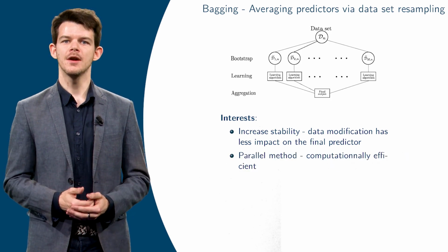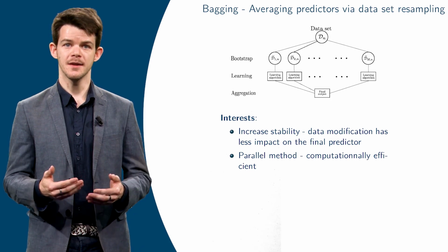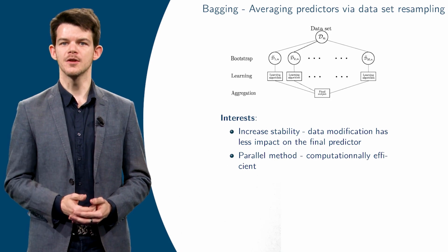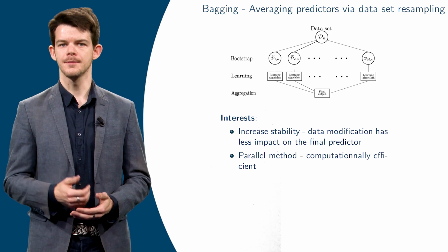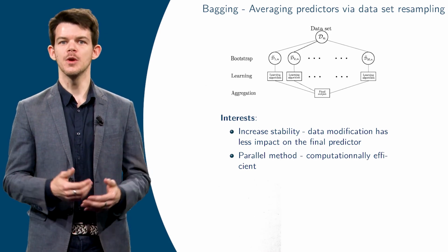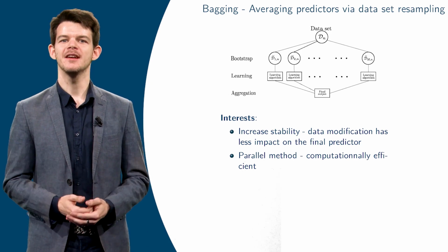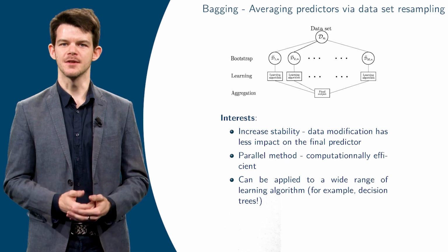Bagging is also a parallelizable method. The learning algorithm is applied separately to each of the datasets considered. We can therefore use a processor to train the learning algorithm on the first dataset, another processor for the second dataset, and so on. In practice, a processor will manage several bootstrap datasets. Finally, bagging is a very generic procedure since it can be applied to any type of learning algorithm.